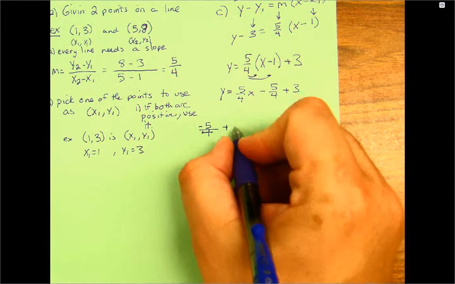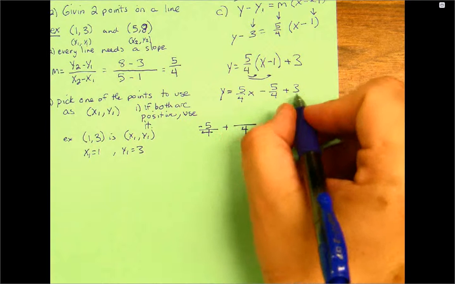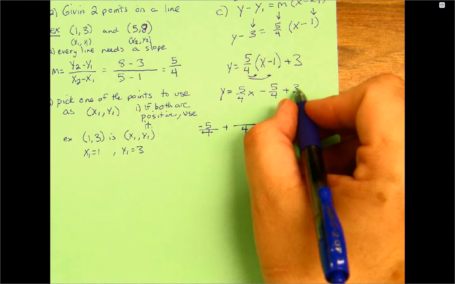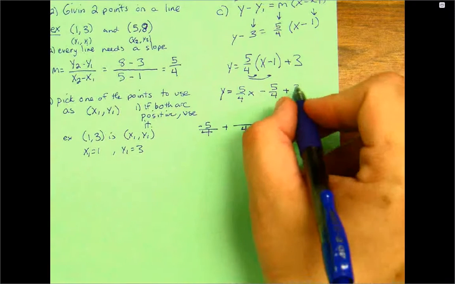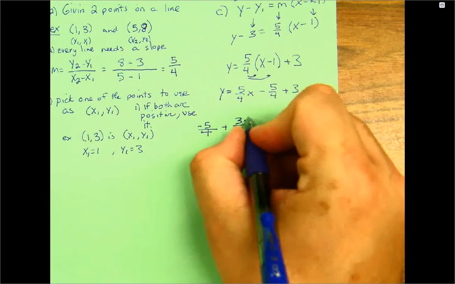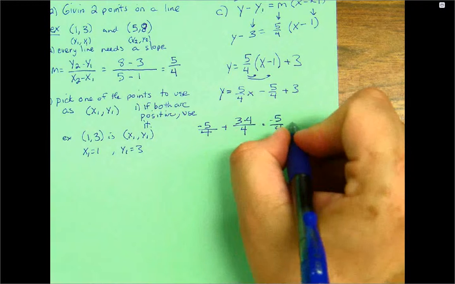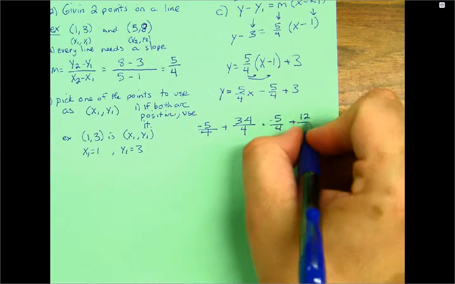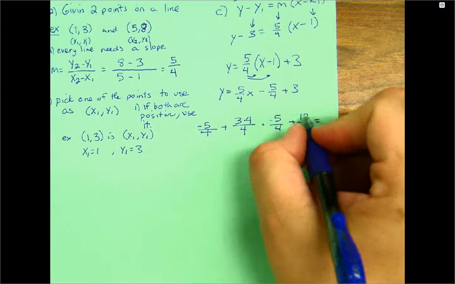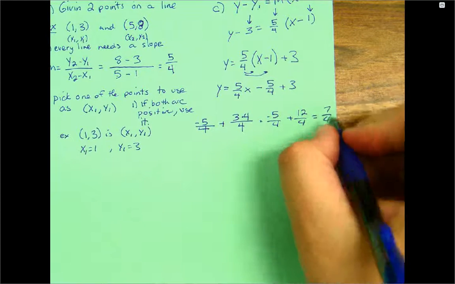I have 3/4. So I'll take 3 times 4. So it's negative 5 over 4 plus 12 over 4. Well, what's 12 minus 5? 7. 7 fourths. So the equation is y is equal to 5 fourths x plus 7 fourths, which is kind of ugly.